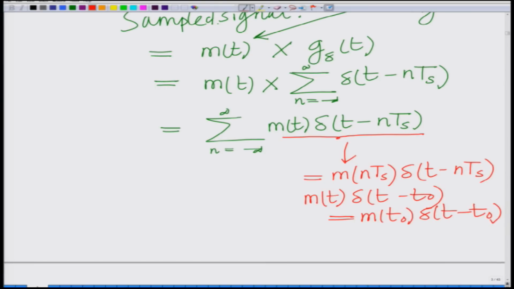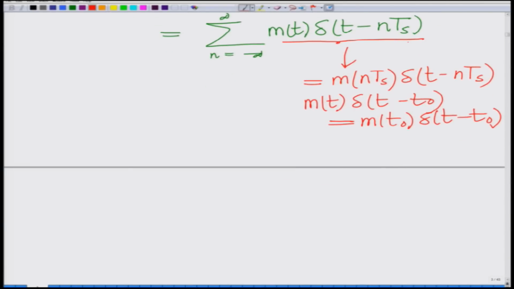That is, when you multiply a signal by an impulse shifted to t naught, it simply picks the value of the signal at t naught. That is how we are sampling this signal. At each n Ts, we extract the sample, or the level of the signal, that is m of n Ts.